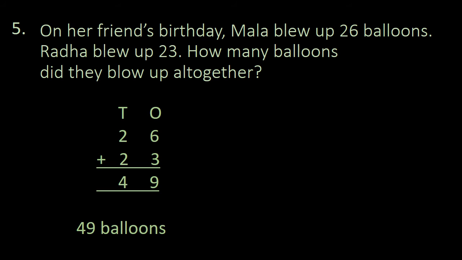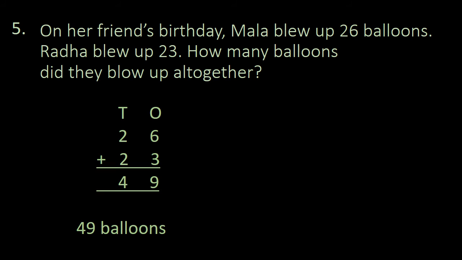How many balloons did they blow up altogether? Children, here we have to find out how many balloons they blew up altogether. So here we will add the numbers 26 and 23. So first write ones and tens and put the same value number below that.